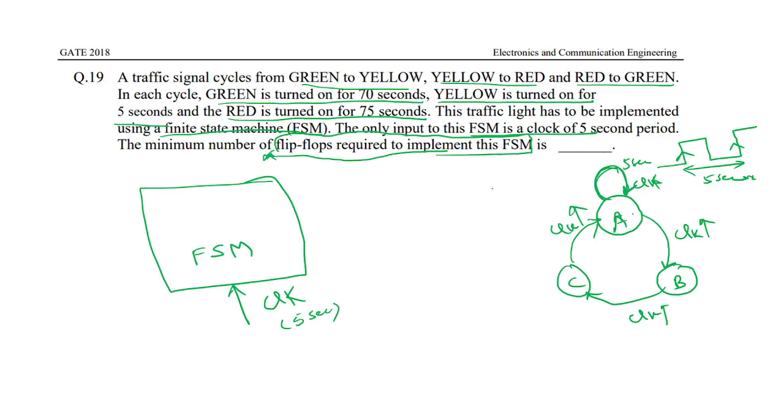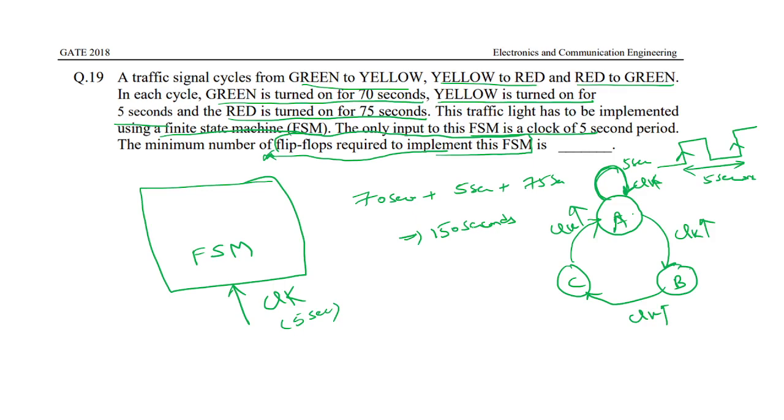So the point here is how many flip flops are required to implement this FSM. Let's say 75 plus 75 seconds. The total time period that you require is around 150 seconds, and for every 5 seconds you need to change the state.